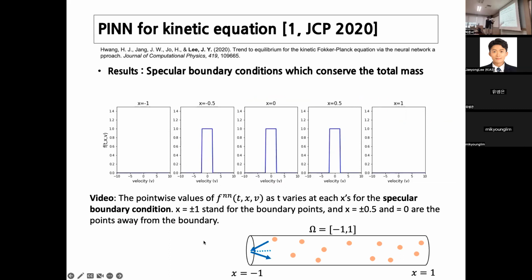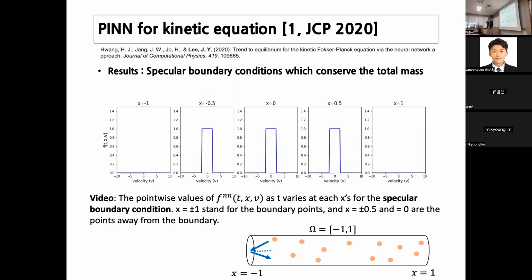If we have this boundary from -1 to 1, and we set this cake-shaped initial condition, in this picture we have -1 here and 1 here, and this graph shows several positions. If we have the initial distribution as follows, and we have a specular boundary condition at each boundary, then the particles at all positions have the same shape called Maxwellian, which is also the same as Gaussian.